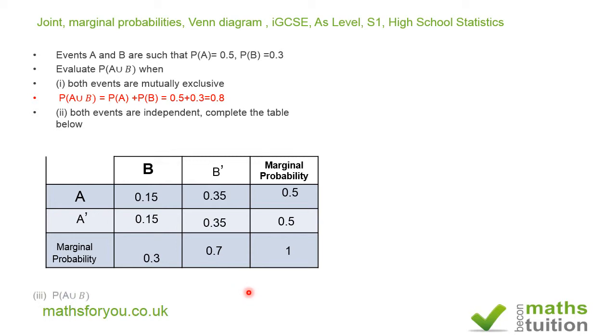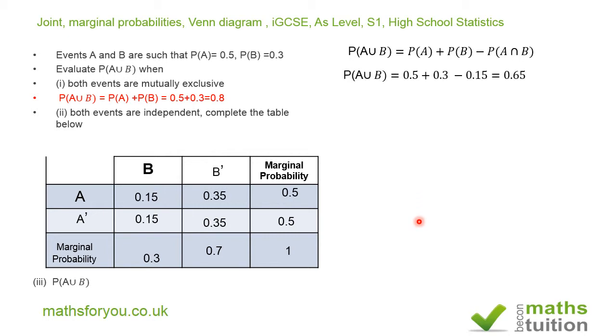Now we want to evaluate the probability of A union B when A and B are independent. So we use the usual formula: the probability of A union B is equal to the probability of A plus the probability of B minus the probability of A intersection B. So 0.5 plus 0.3 minus 0.15, and we end up with 0.65.